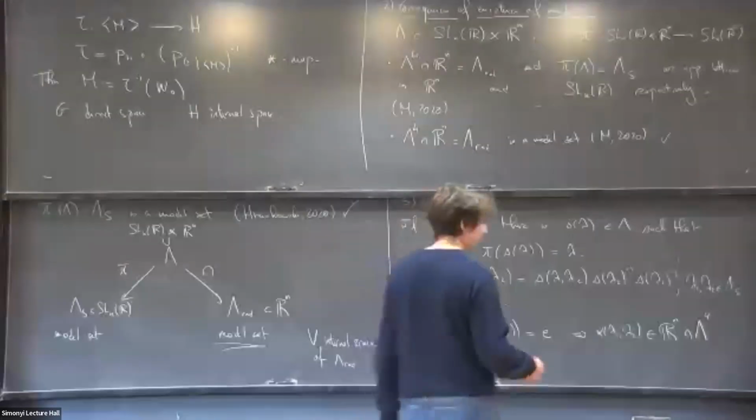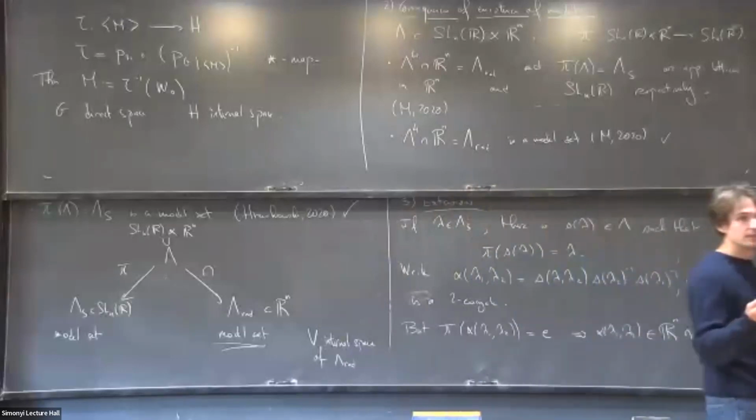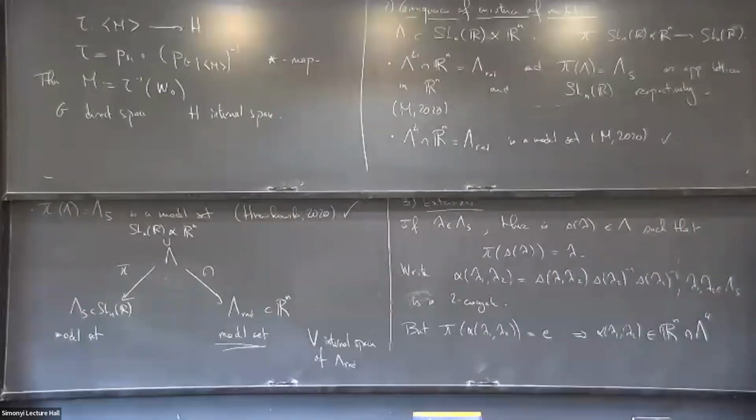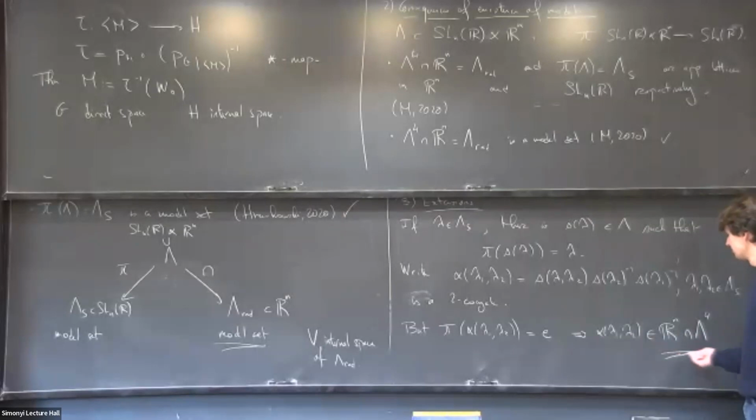But if you look at it through the lens of the internal space, if you look at it using the model, what you know is that this tells you that this is bounded.